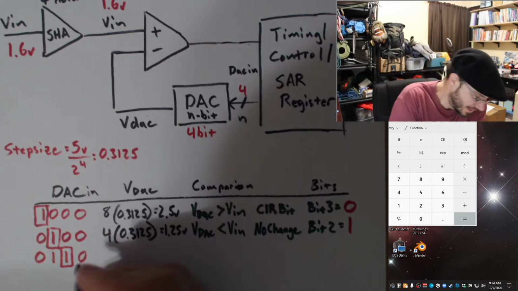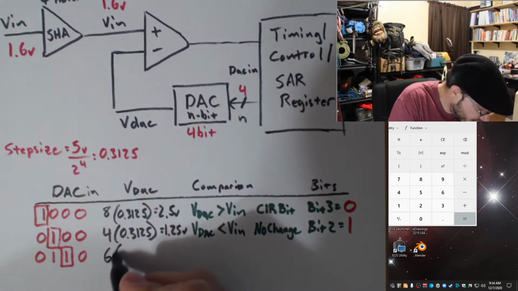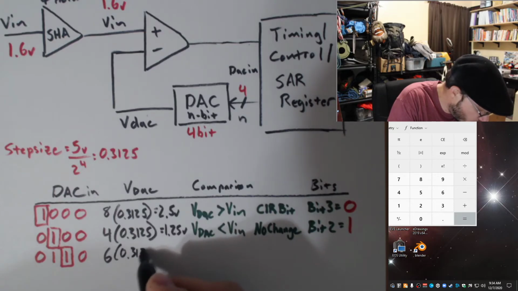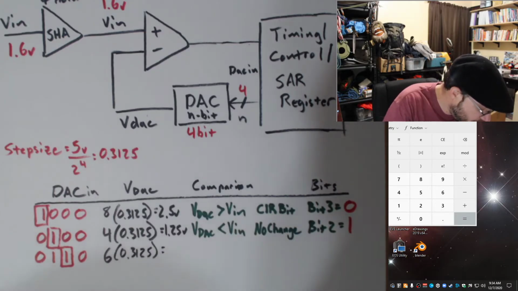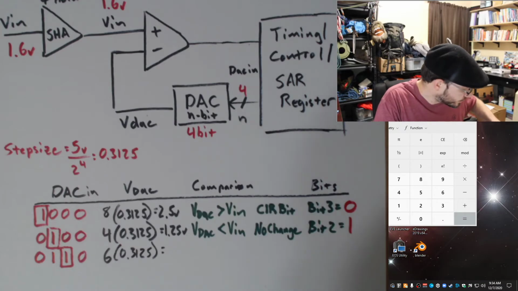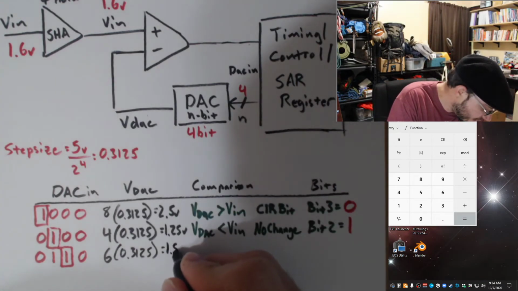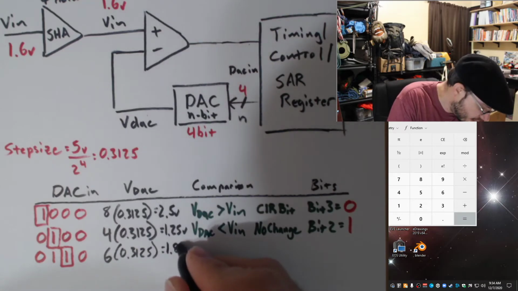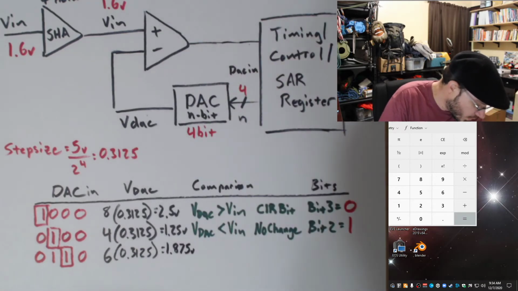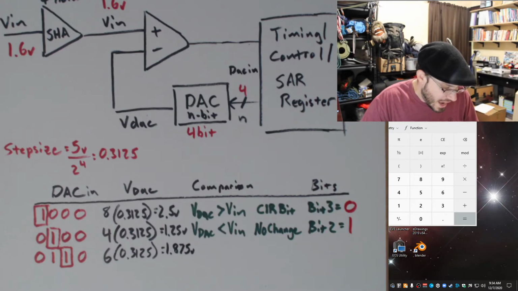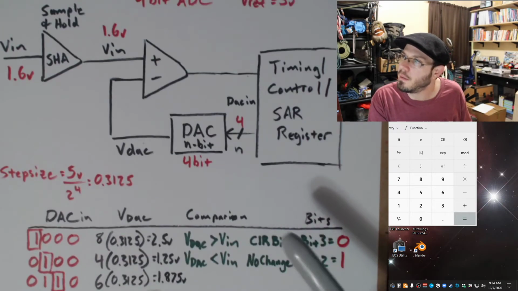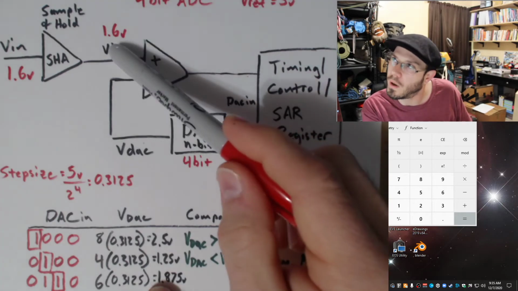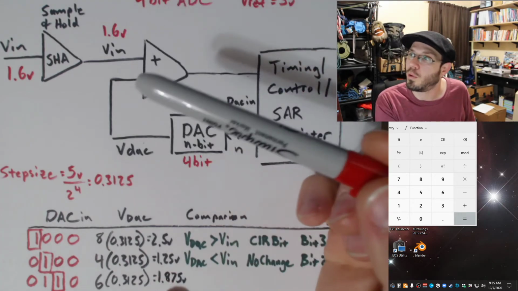That's 6. 6 times 0.3125 is going to be equal to 1.875 volts. And now we're going to be comparing 1.875 volts to 1.6 volts.